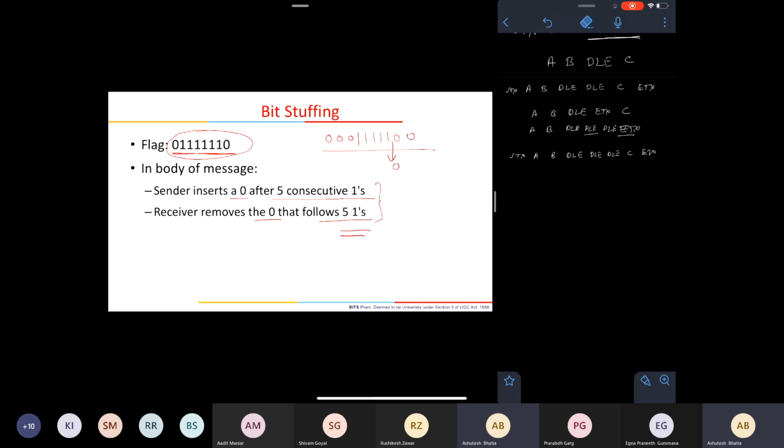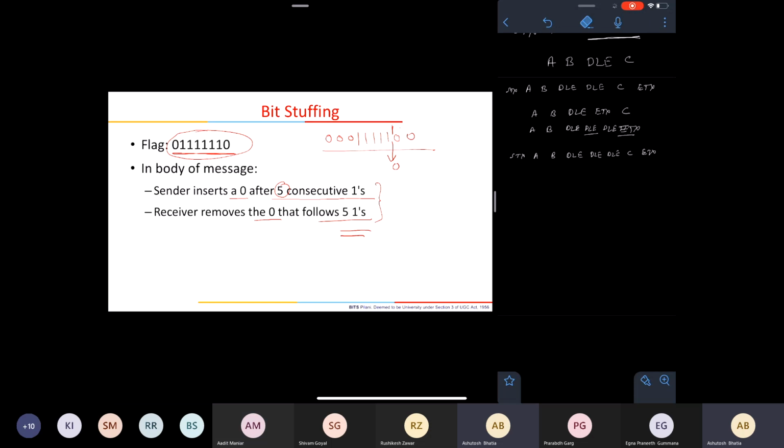Now let's say I had gone for 6 consecutive ones, then what could go wrong? Whenever you see 6 consecutive ones, you put a new zero. Okay, correct. So as soon as you see 6 consecutive ones, you put a 0.